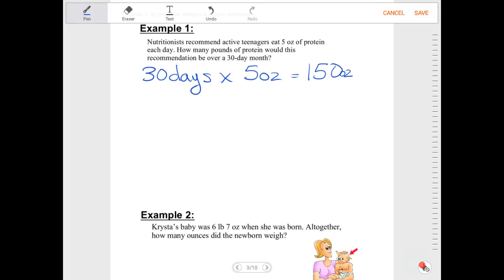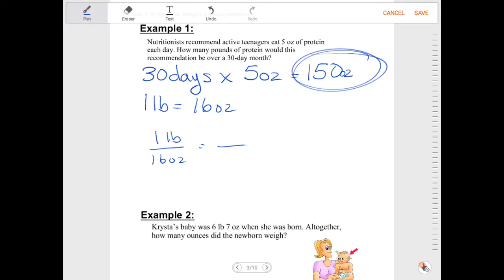Now that's fine. The only problem we have there, though, is they want this in pounds, not in ounces. So we're going to look at our conversion factor table, and we know that 1 pound is equal to 16 ounces. So we'll make up our equal proportion, 1 pound over 16 ounces. We have 150 is what we're working with. So ounces was bottom left, so now it'll be bottom right.